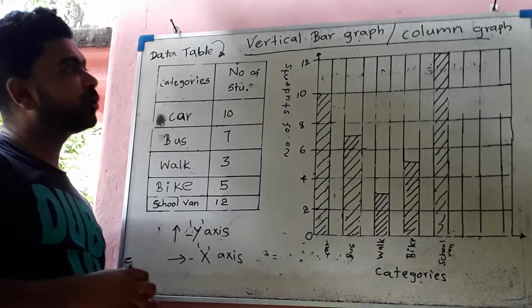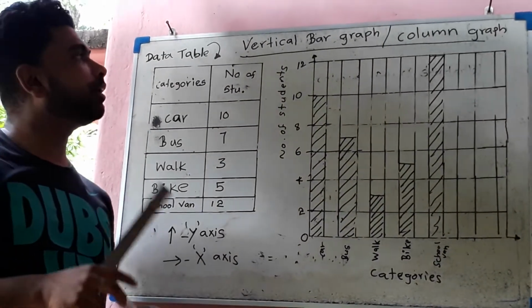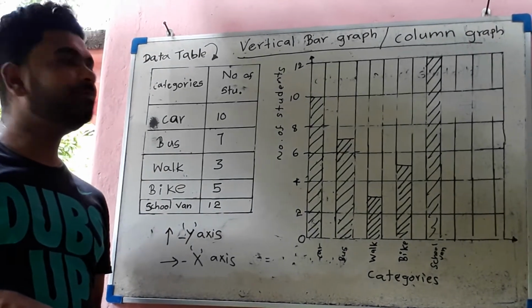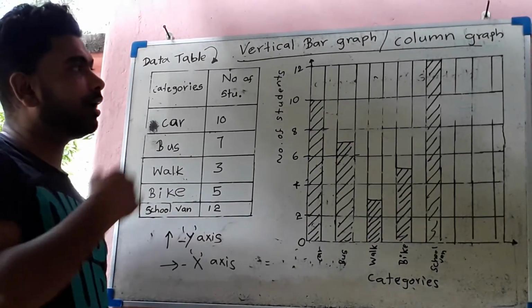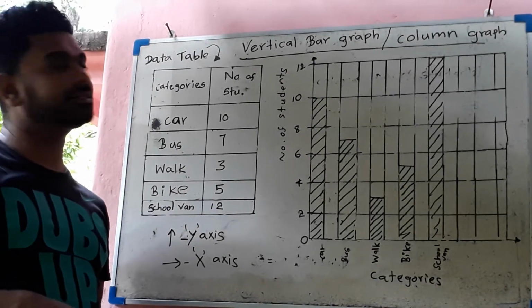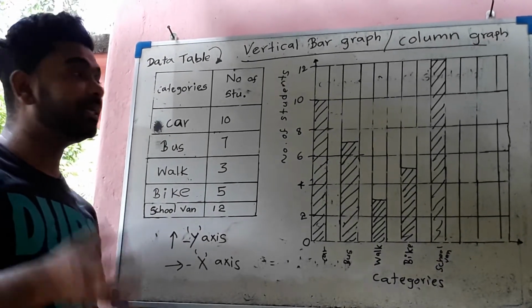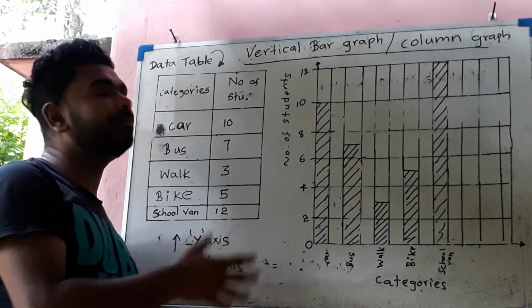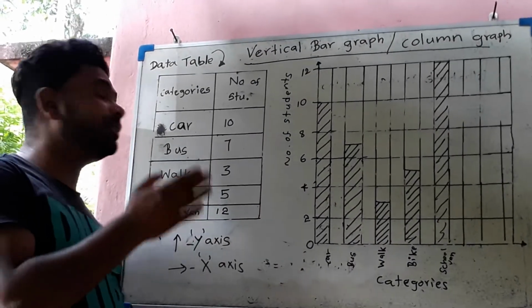Okay children, now I have finished drawing the bar graph, or vertical bar graph, or column graph. Any person who looks at this column graph can easily understand the data. That means this graph interprets data.